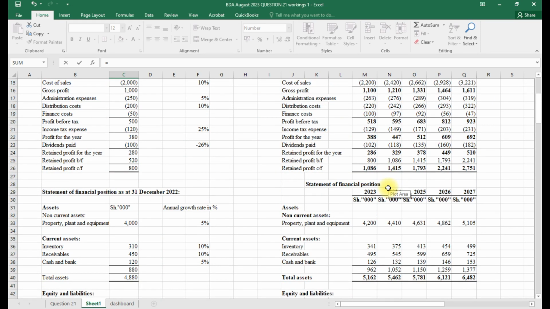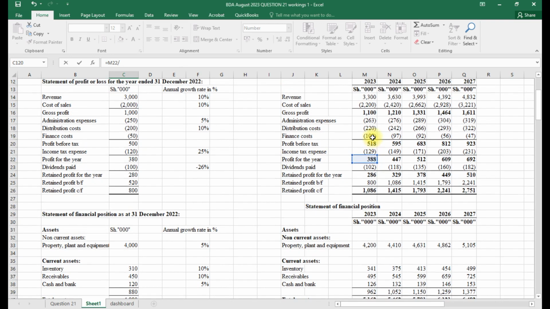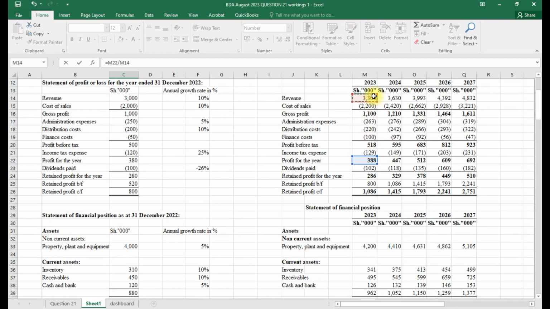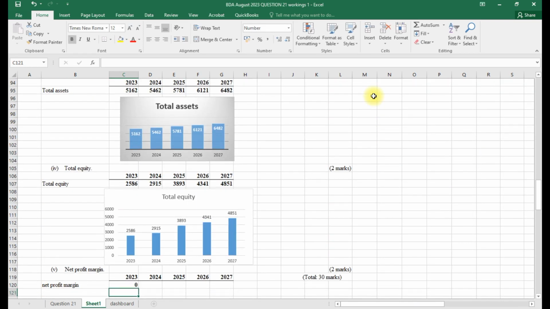Our net profit is normally the profit after tax. When you are calculating profit after tax, the margin before payment of dividend, so I shall take this and we divide by sales, that way, and I convert this into a percent.